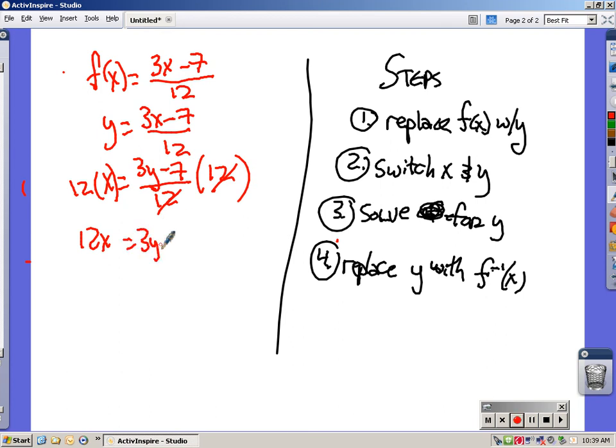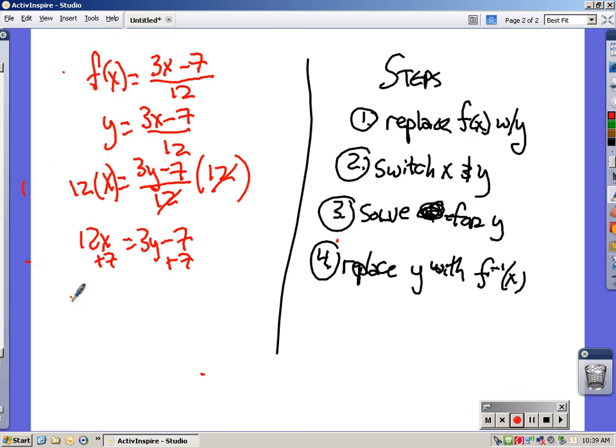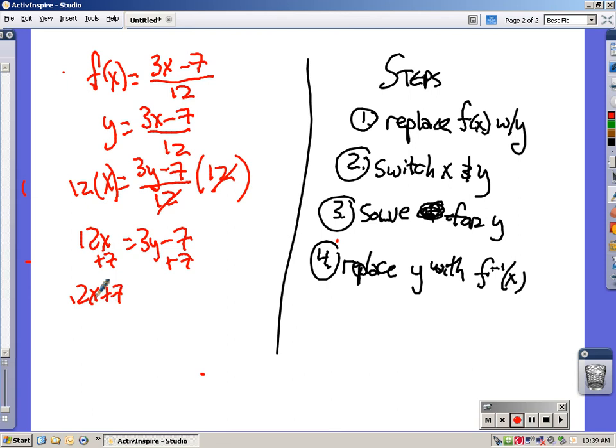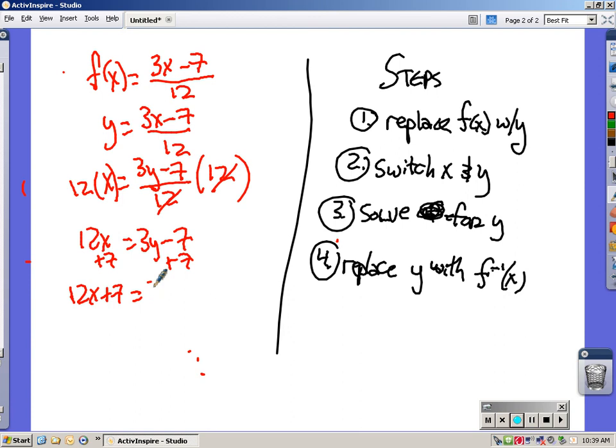Equals 3y minus 7. Add 7 to both sides. 12x plus 7. Sorry about that again. Is 3y. Divide everything by 3. y is 12x plus 7, the whole thing divided by 3. So that's solving for y.